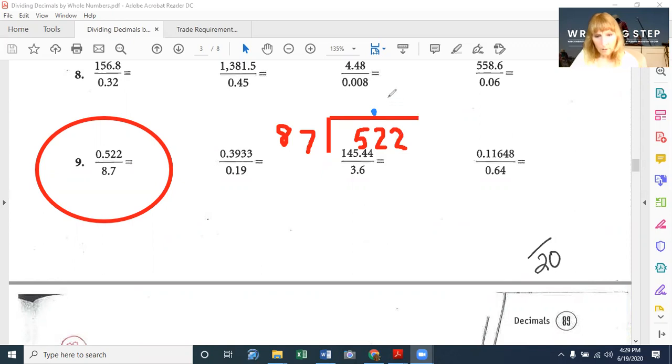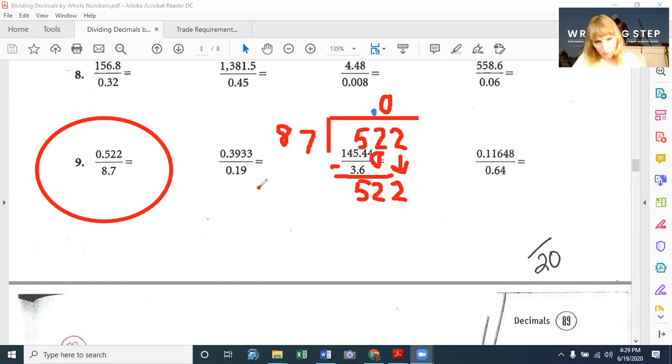None, right? But in this case, we're going to have to put a 0 here. So 0 times 87 is 0. And now we subtract. 52 minus 0 is 52. And we're going to bring down another 2. How many 87s in 522? Well, 87 is close to 100, so we could try 5.